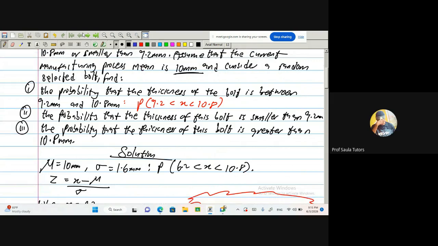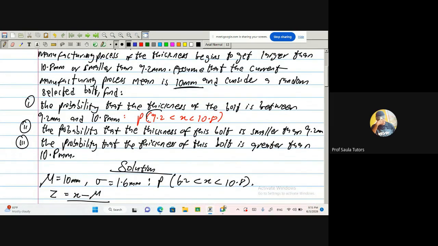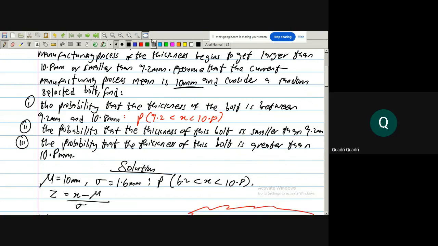Can you hear me? Yes, I'm with you. This is 9.2, why are we now using 6.2 here? I actually thought of this too. Let's just change the question to 6.2.